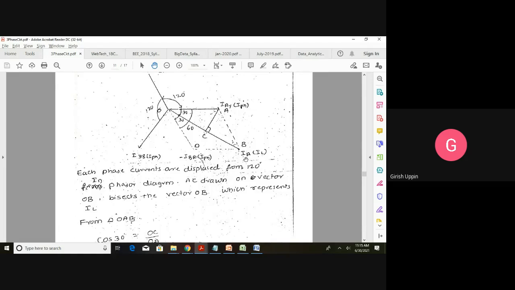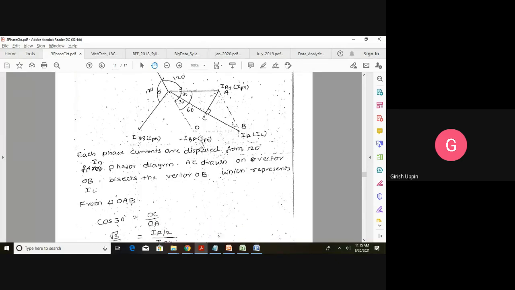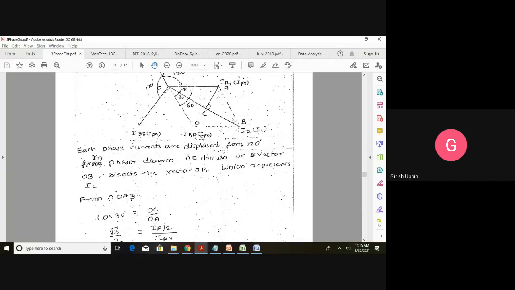So using the parallelogram method, we join this. This, OB, represents IL. Similar to the previous analysis, applying cos 30, cos 30 is OC divided by OA, and OC is what? This is the perpendicular we are drawing, so it will bisect this. OC would be IL by 2, or IR by 2.